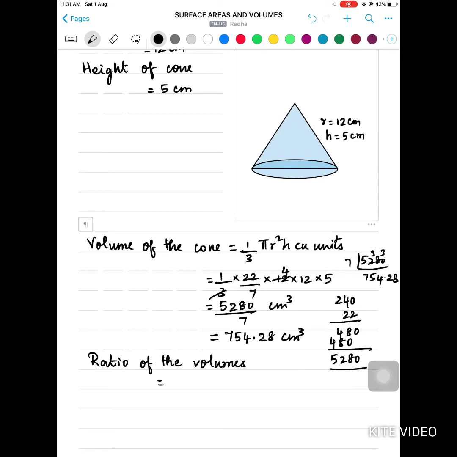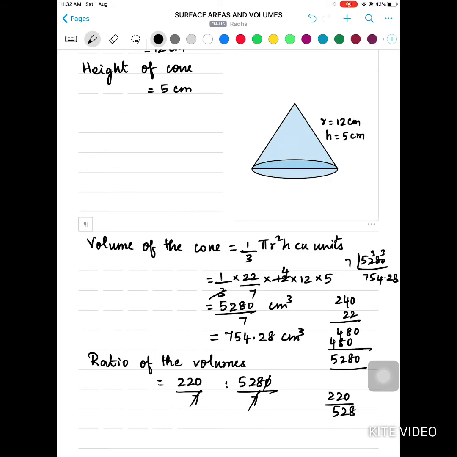So what is the ratio of the volumes? In the 7th question we got 2200 by 7, and in the 8th question we got 5280 by 7. So 7 gets cancelled, and this 0 will get cancelled. So 220 is to 528.